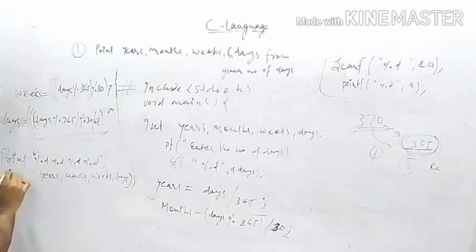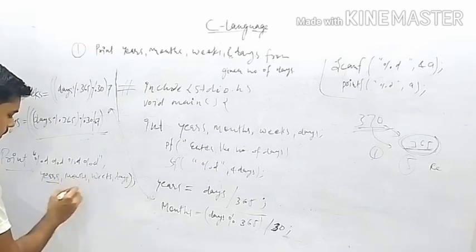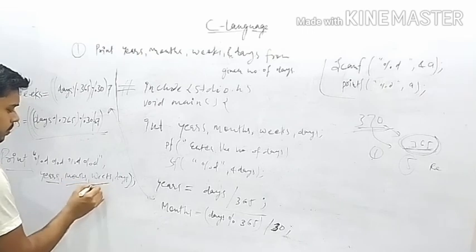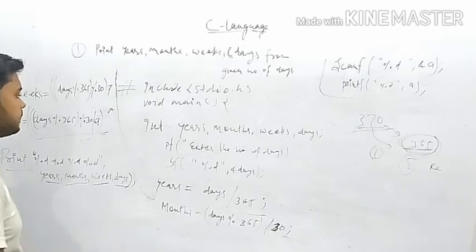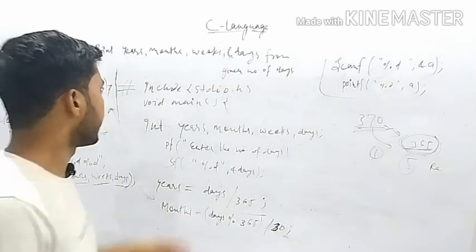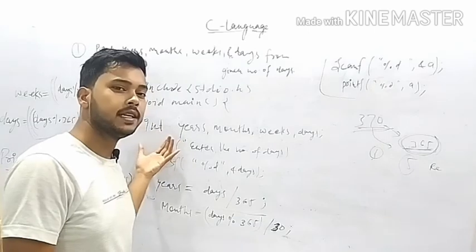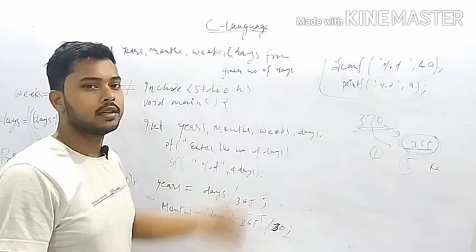So it will print one by one in sequence. First it will print the number of years, then the number of months, the number of weeks, and last the number of days. So this is the program for finding how many years, months, weeks and days are in the given number of days.